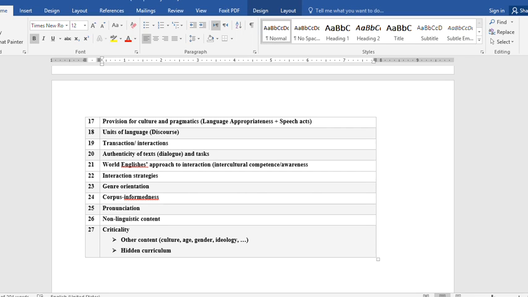Chomsky sees language as a system, but Halliday sees language as discourse. Which one is better to be adapted, to be employed? Halliday for sure. Why? Because if you learn language in terms of Chomskyan linguistic theory, you only study the system of language.